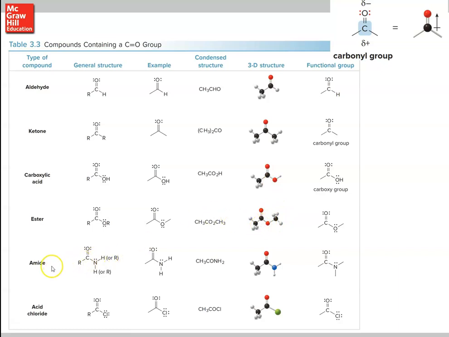Now we go to an amide functional group. Notice the IDE versus the INE. So if we're talking about an amine, that is different than an amide. And the amide is that we have this carbonyl group directly adjacent to the nitrogen that's being attached. So here's an example of that.